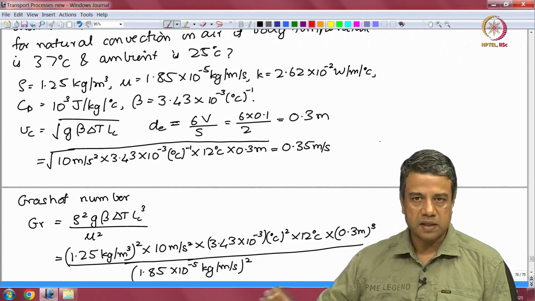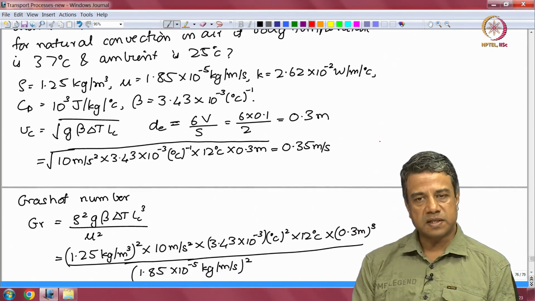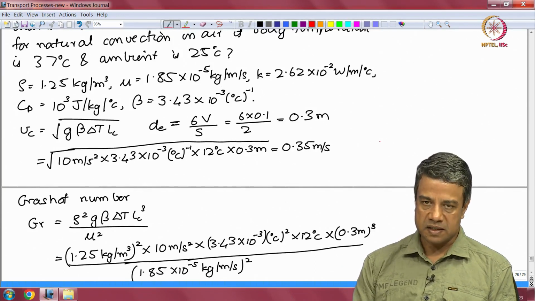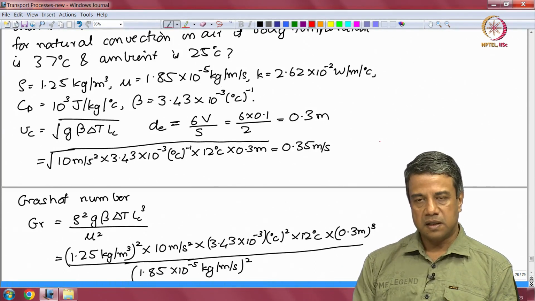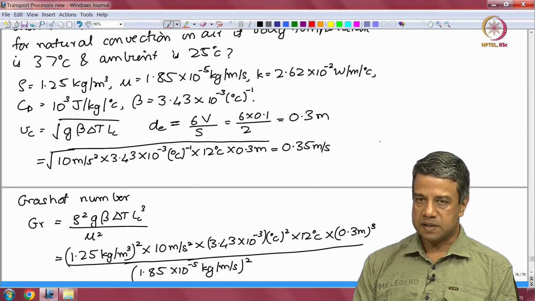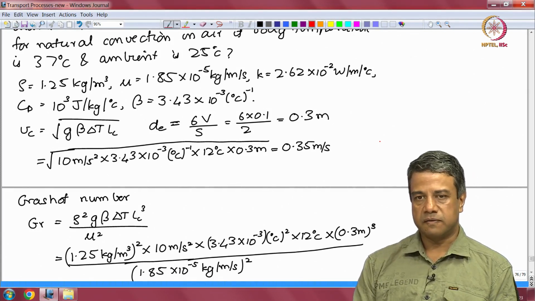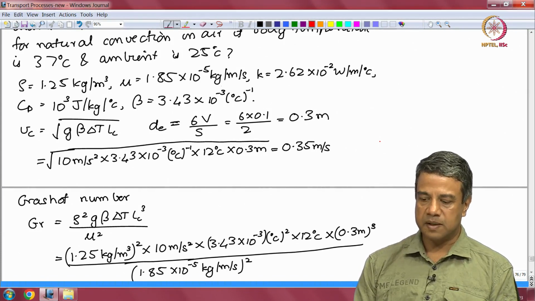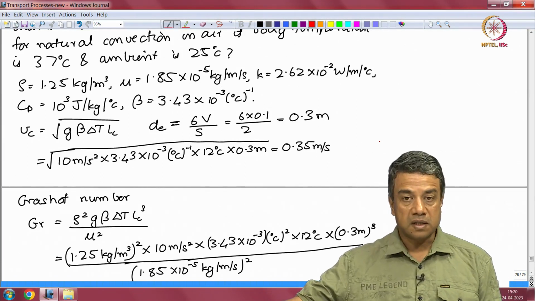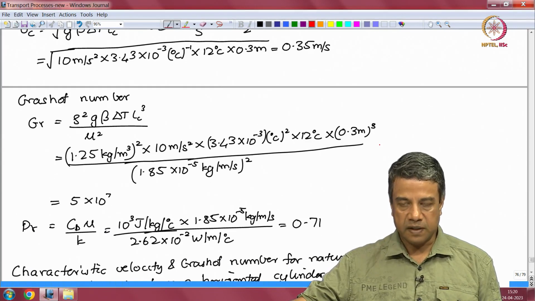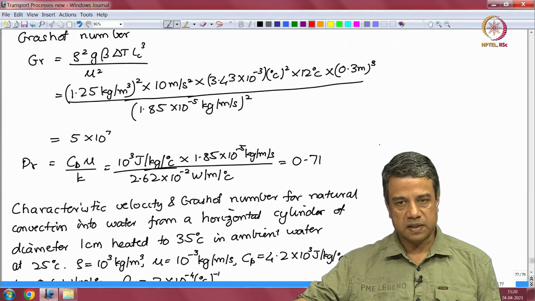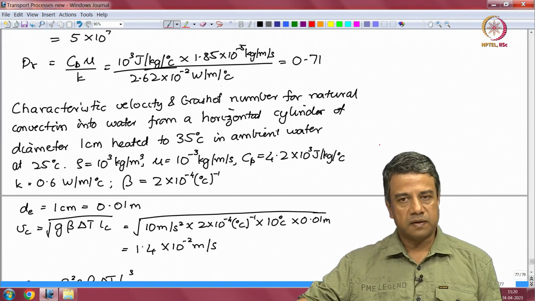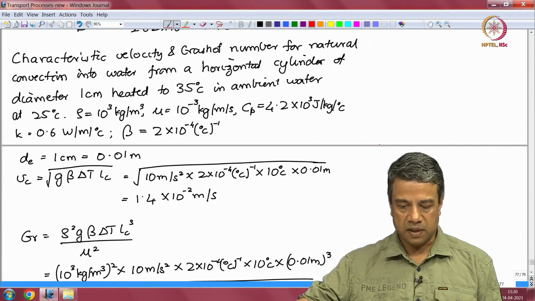We saw that in most cases the velocity varies between about a centimeter per second to about tens of centimeters per second. In gases it is tens of centimeters per second. In liquids, for a modest temperature difference of 10 degrees it is about a centimeter per second or more. Grashof number varies in the range 10 power 5 to 10 power 7 in all of these cases. Prandtl number over a range less than 1 to greater than 1.